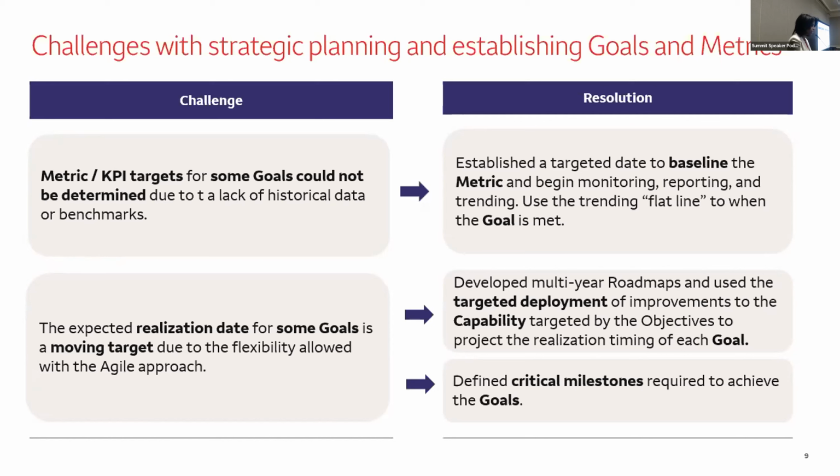As with agile, you do create roadmaps, but we wanted to make sure we extended ours out and did multi-year roadmaps, and then targeted the deployment of the improvements to the capabilities that were going to address those objectives to project what our realization date would be. And then the other thing we did is create critical milestones just to make sure that we were on track for those.